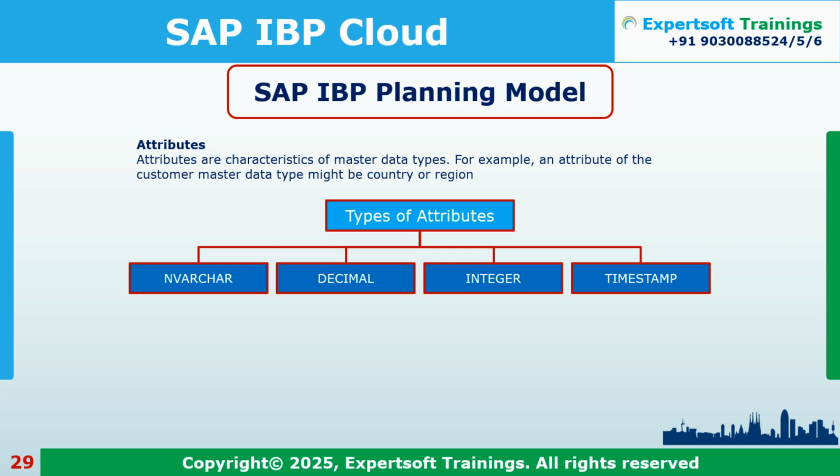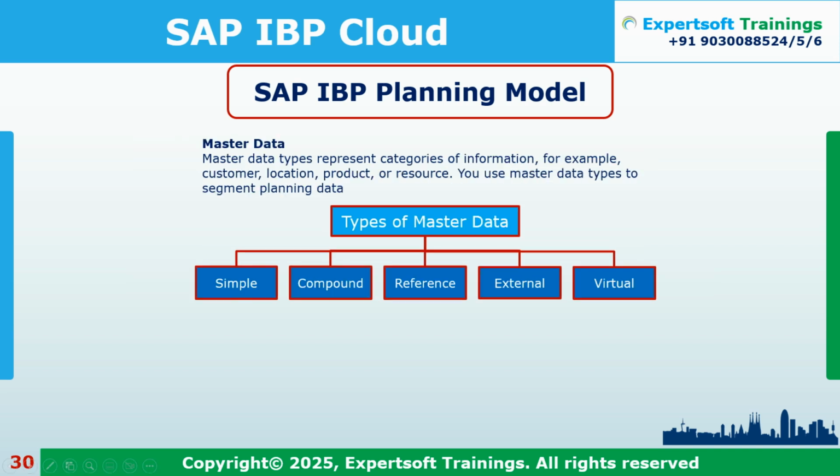Now, once you create the attributes, with the help of attributes, you form the master data. There are five different types of master data which we have in IBP. One is a simple master data. Second one is a compound master data.